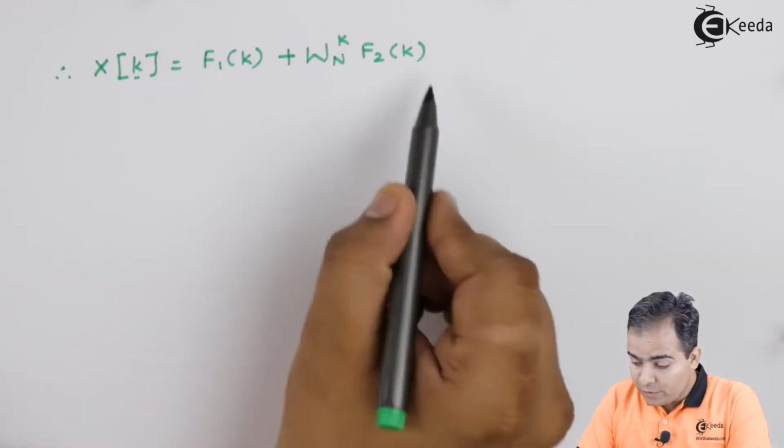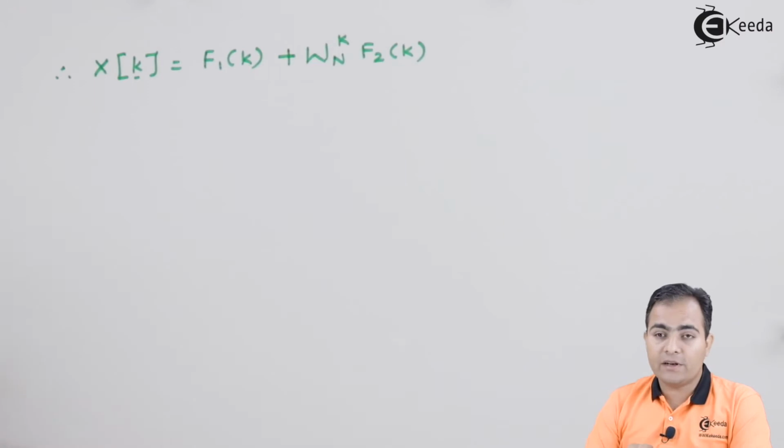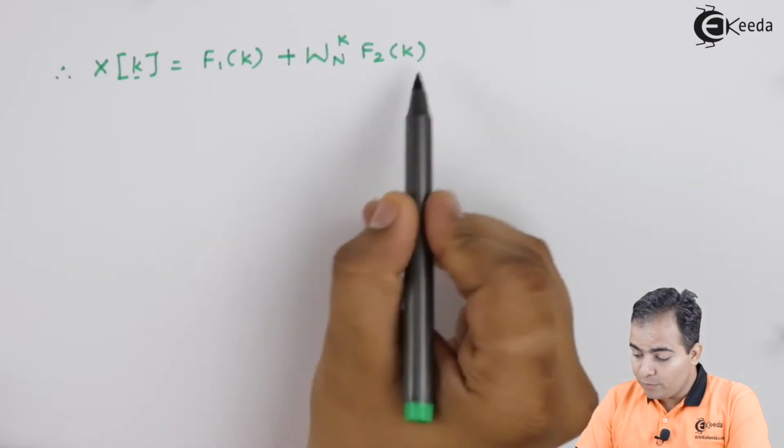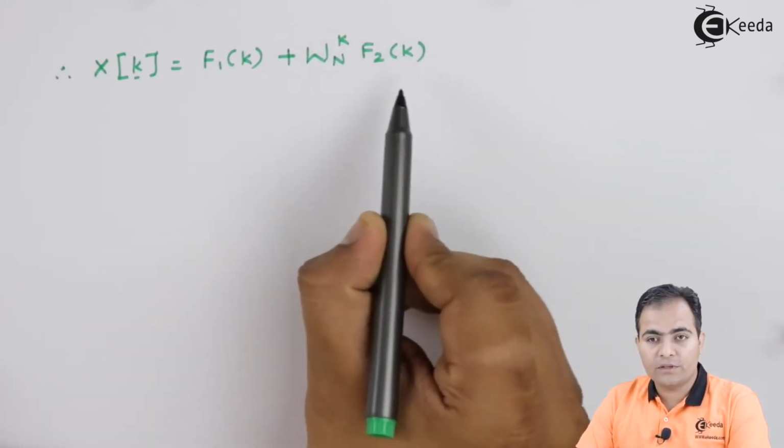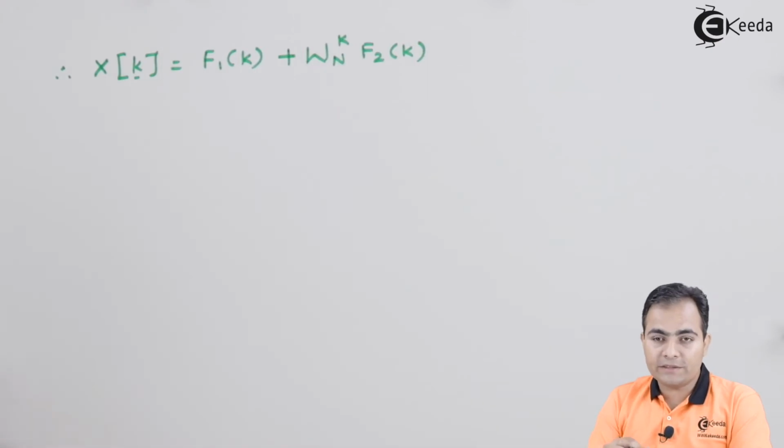But if we are going to add both the values, then our limit will be 0 to n minus 1. If we are going to divide it, then our value will be 0 to n by 2 minus 1. And here I'm going to add both the values, that is the even value as well as the odd value. Then you will get a complete sequence. So here my k value varies from 0 to n minus 1.